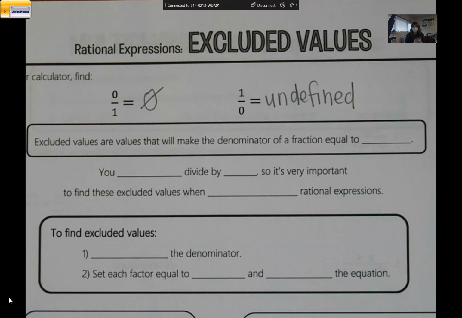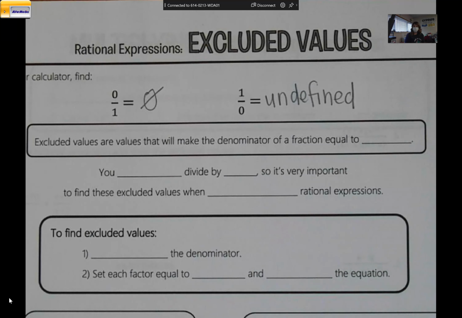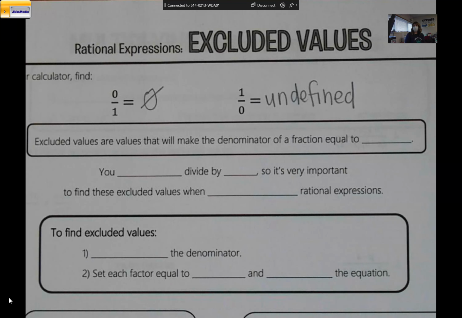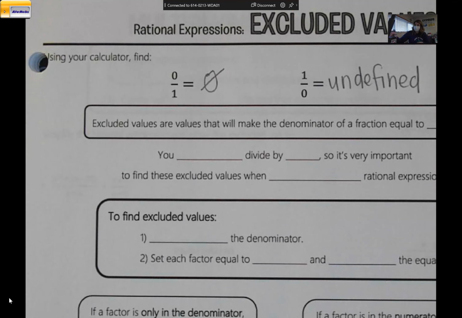Because this property exists, that makes things a little bit complicated when we're talking about rational expressions, because rational expressions are fractions, and we have to be really careful that we don't have a 0 in the bottom of our fraction. So to remember this, there's kind of an interesting little trick.